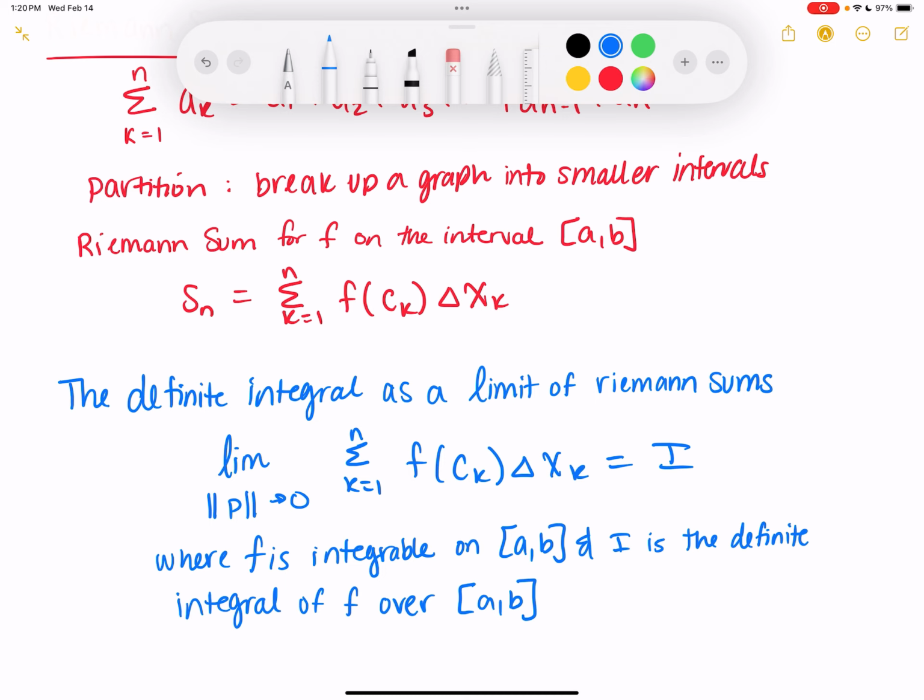Also, I'm looking, and I think this is just notation for partition. I was trying to remember what those lines meant because I don't use them very often. Something about the norm of the partition, and that's how it's denoted. I don't know, it's weird.